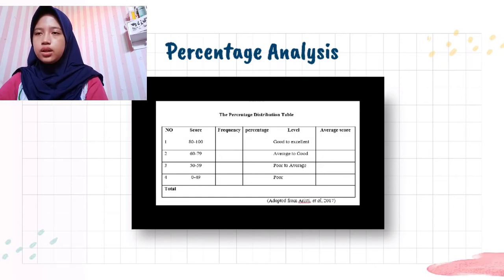In this slide, this is the percentage distribution table that will be used in the study.